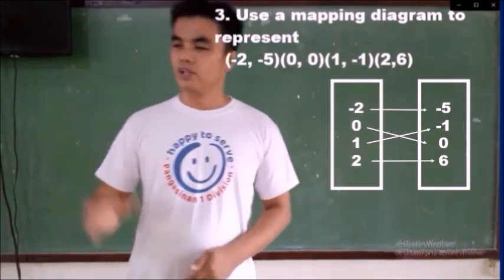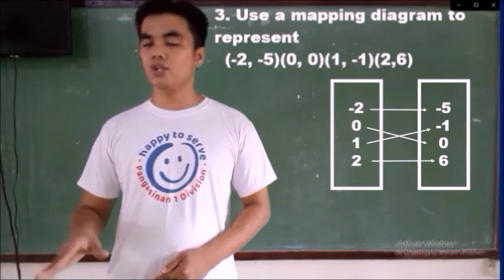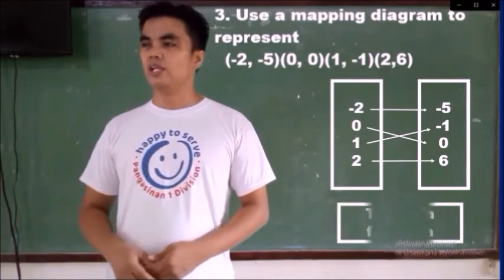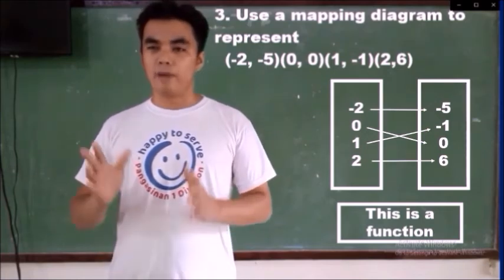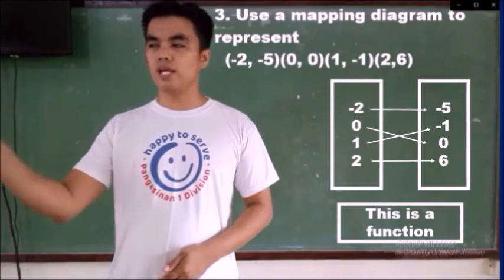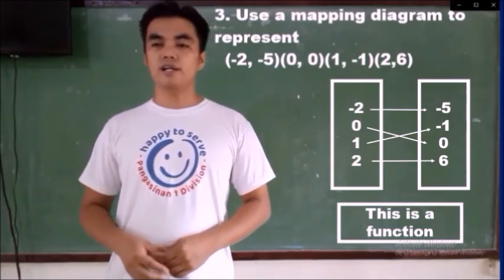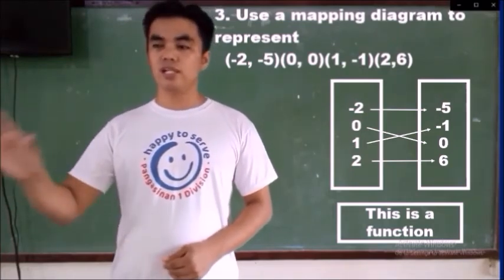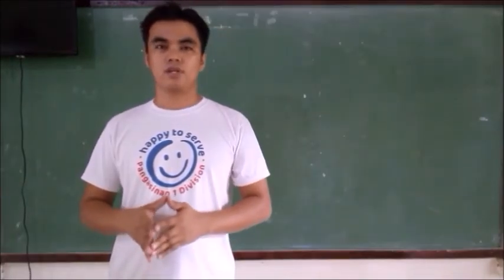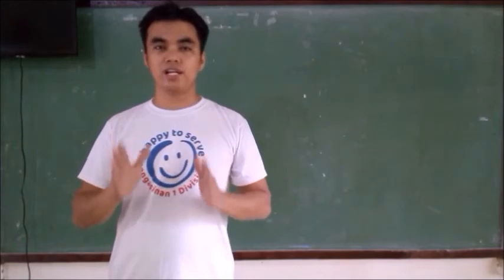Ngayon, do you think this is a relation or this is a function? Very good. It is a function. Bakit? The elements from the domain is mapped to exactly one element from the range. So this is considered as function. So yan ang function at yan ang relation.